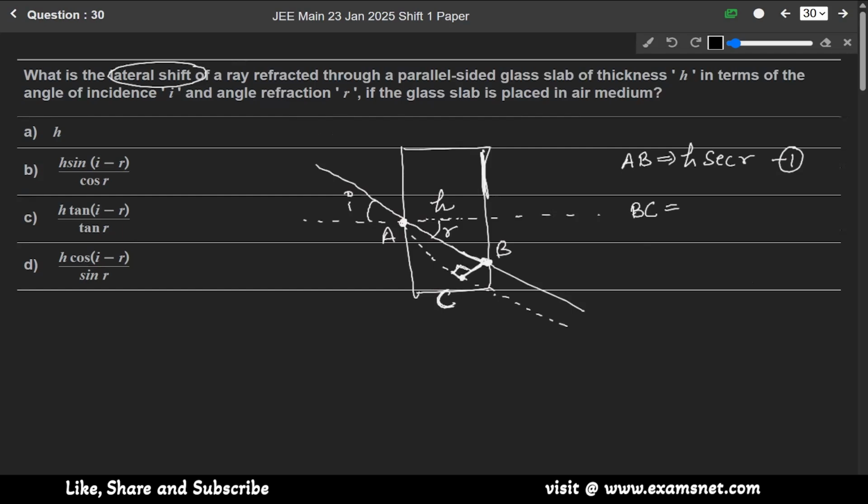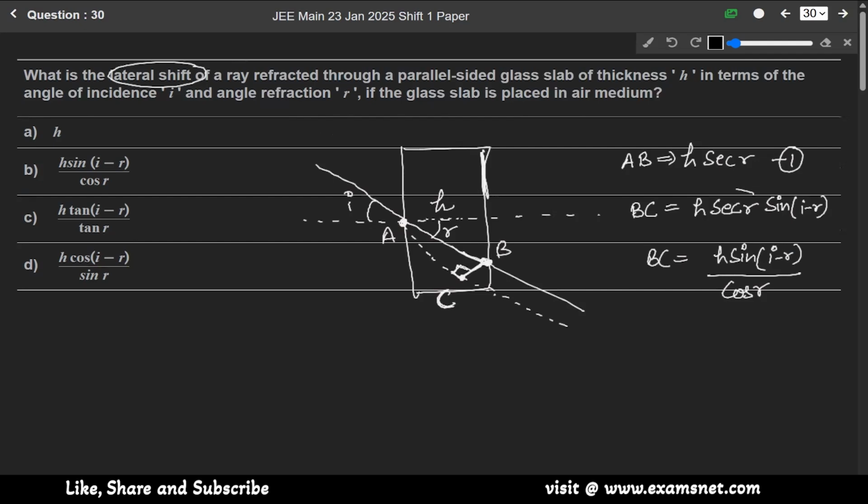So BC will be equal to AB sine (I minus R), that is H sec R sine (I minus R). So BC will be equal to H sine (I minus R) over cos R, since sec R is 1 over cos R.